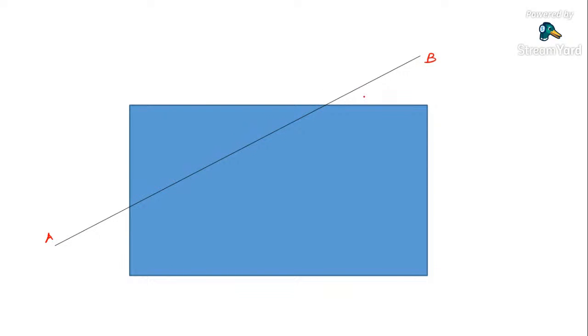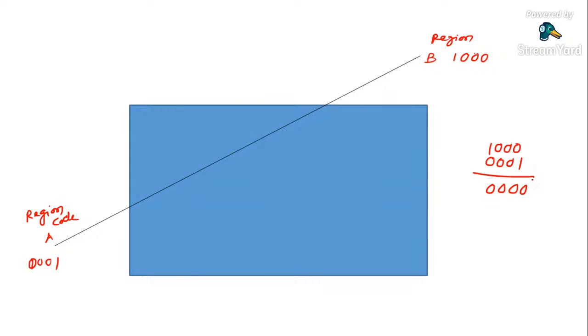You have to find the region codes for A and B. After finding the region codes, suppose they are 0001 and 1000, for example. Then find the AND of 1000 and 0001.